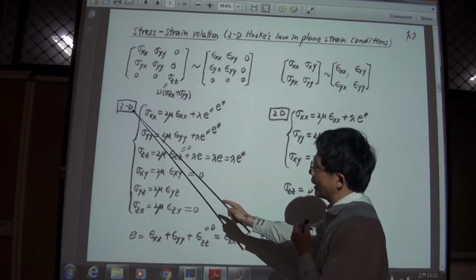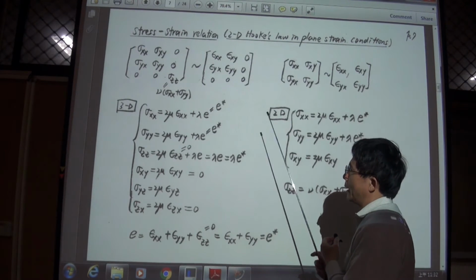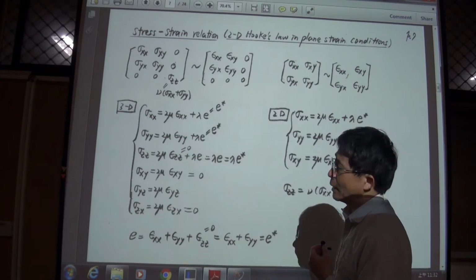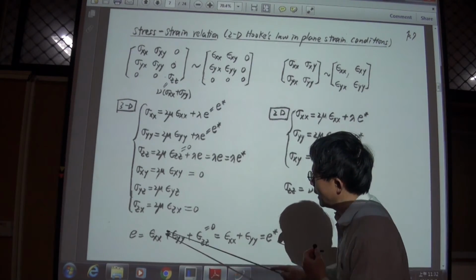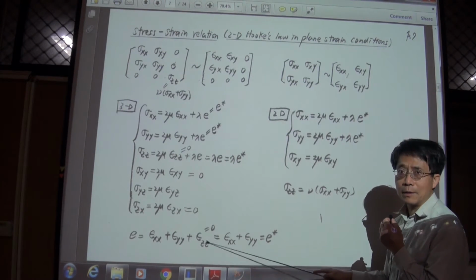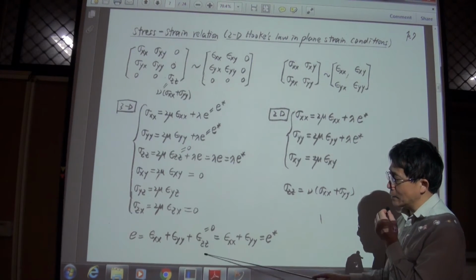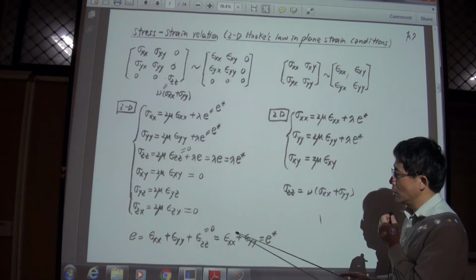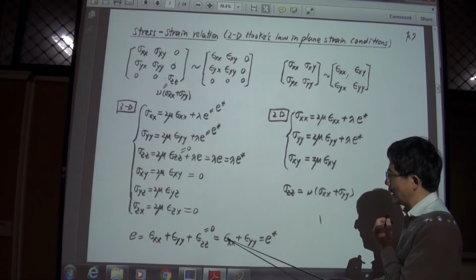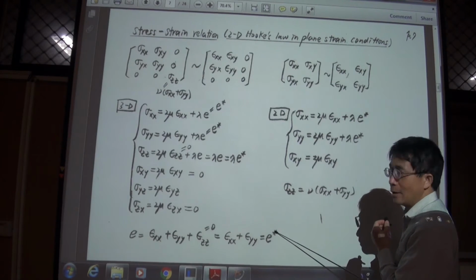Let us first look at the 3-dimensional stress-strain relation. We have such a relation. But how about e? e is epsilon xx plus epsilon yy plus epsilon zz, right? But now epsilon zz equals 0. So only epsilon xx plus epsilon yy remains. But this one equals e star. Okay?